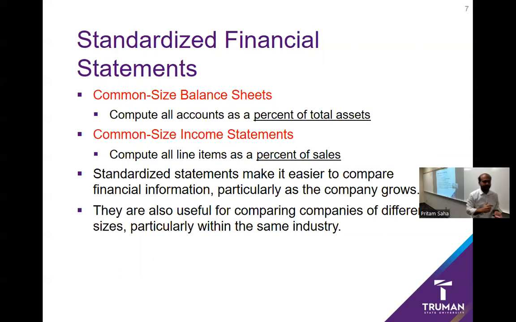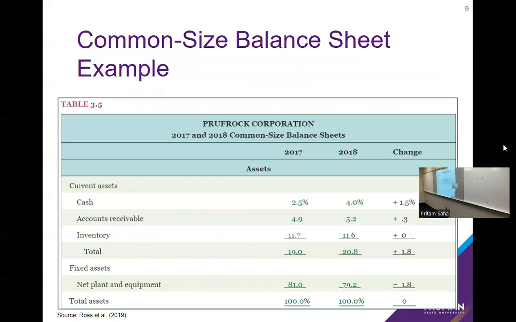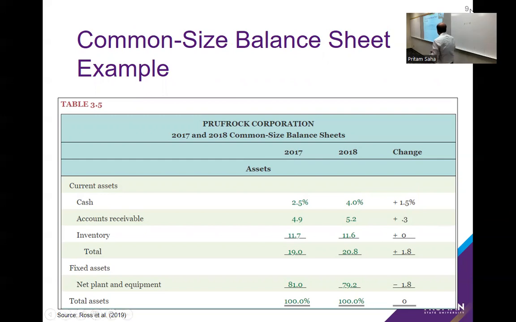Let's look at some examples. If you look here, total asset should be 100%, right? Because asset over asset is 100%, right? Now all these raw numbers are converted to percentages, right? In 2017, you can see that this corporation holds 2.5% of its total asset in cash.